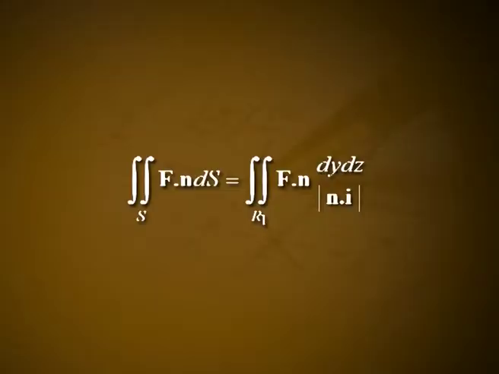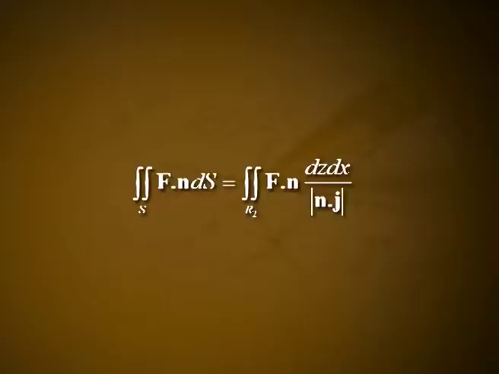It is equal to the double integral over R1 of F dot n dy dz / |n dot i|, where R1 is the projection of S on the yz plane. And it is equal to the double integral over R2 of F dot n dz dx / |n dot j|, where R2 is the projection of S on the zx plane.